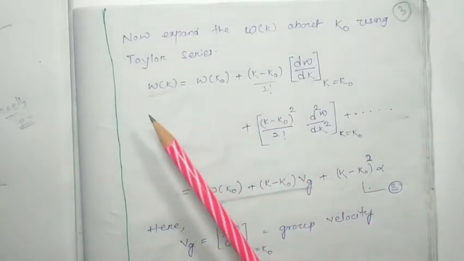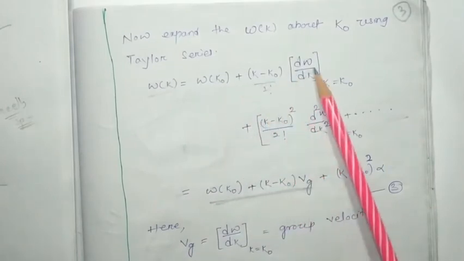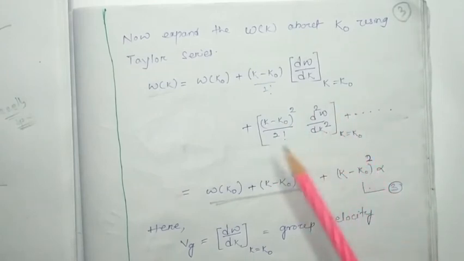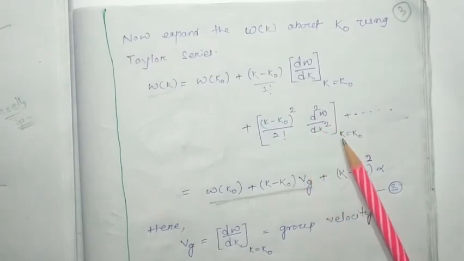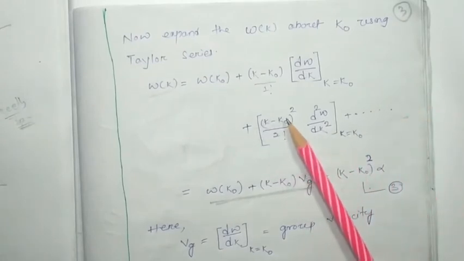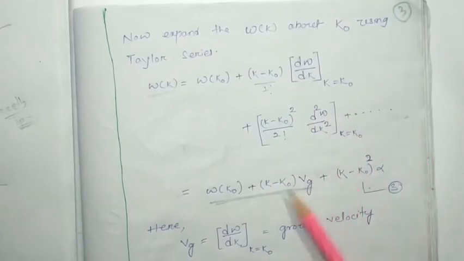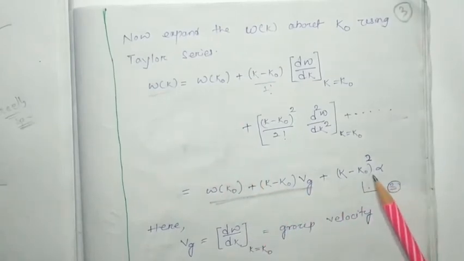so omega will be equal to omega(k0) plus (k minus k0)/1 factorial times d omega/dk at k equal to k0, plus (k minus k0) squared/2 factorial times d squared omega/dk squared at k equal to k0, and neglecting the higher orders because k minus k0 is very small. So the higher orders of k minus k0 can be neglected, and omega(k) will be considered up to the third term.